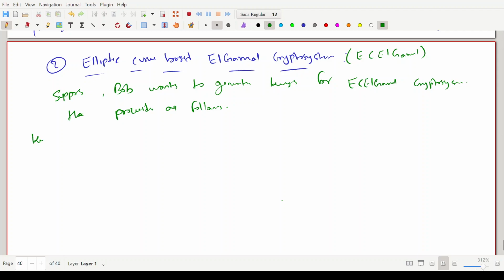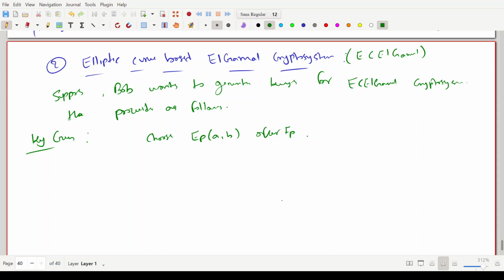First is key generation. There are some steps in key generation. First, Bob chooses an elliptic curve EPAB over FP. So he got the elliptic curve.